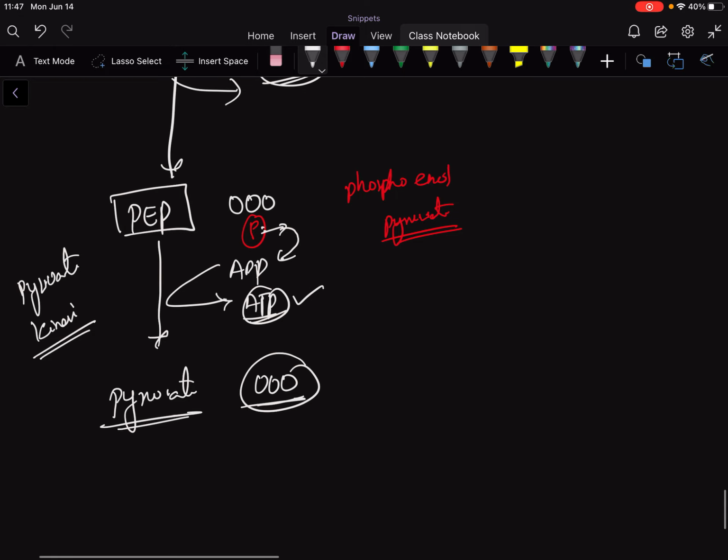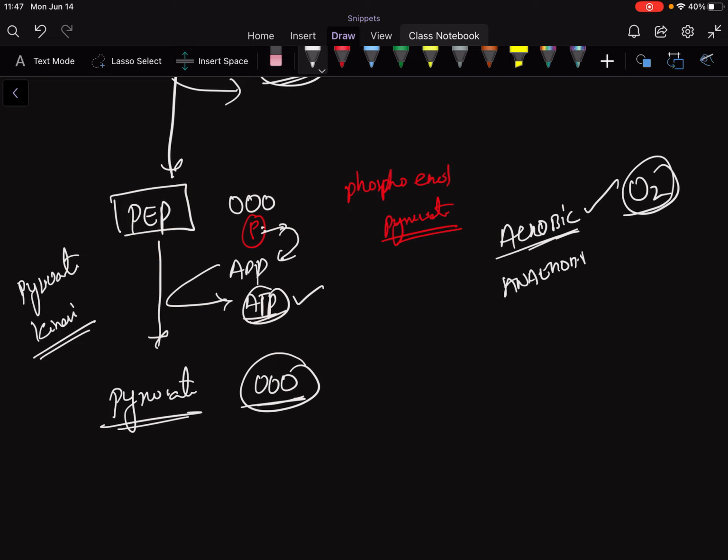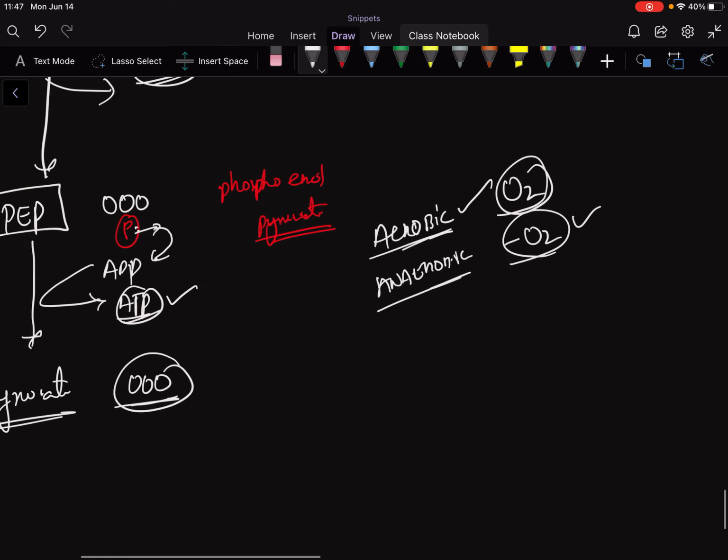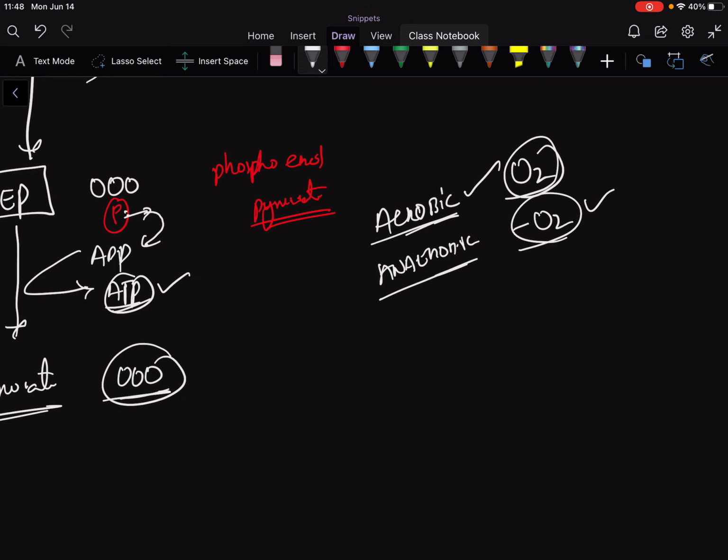Okay, so this is happening during aerobic glycolysis. Aerobic glycolysis means it is happening in the presence of oxygen, whereas anaerobic means there is no oxygen. If there is no oxygen, this happens during anaerobic glycolysis, for example during exercise.